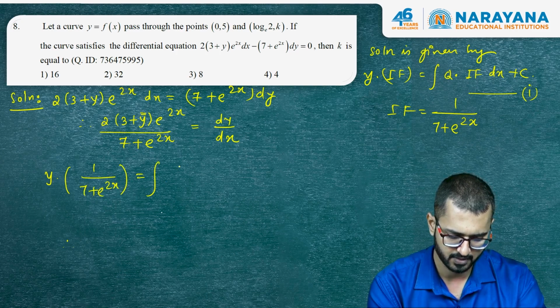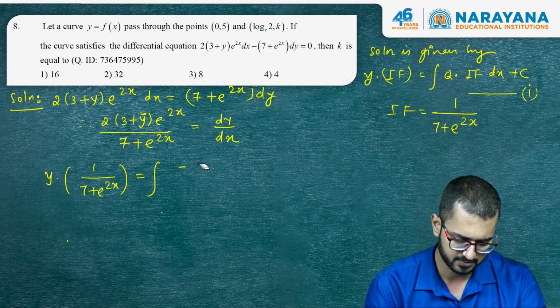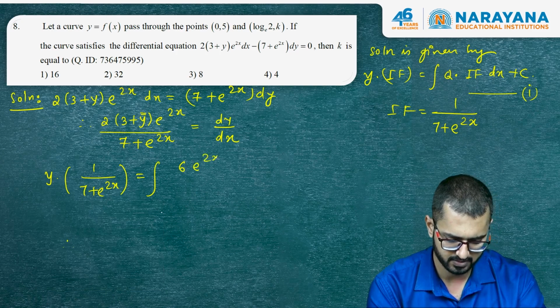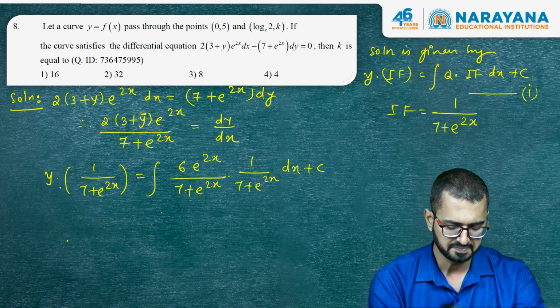Q is, not minus 6, just 6 into e power 2x over 7 plus e power 2x, and then the integrating factor also joins, so e power 2x dx and then plus c.